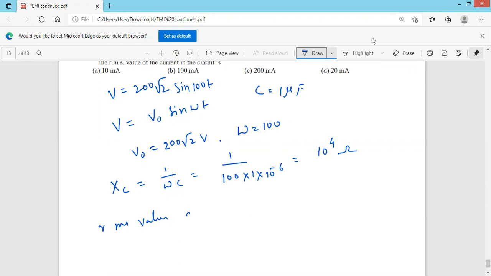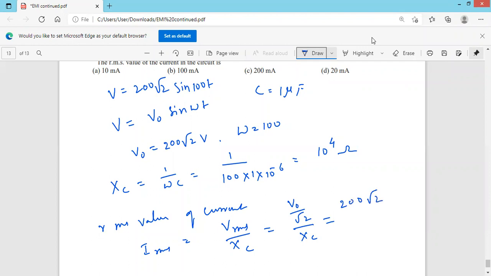Next, the RMS value of current. I RMS is equal to V RMS by X. V RMS is equal to V naught by root 2, divided by X. V naught is 200 root 2 divided by root 2 into 10 to the power of 4.